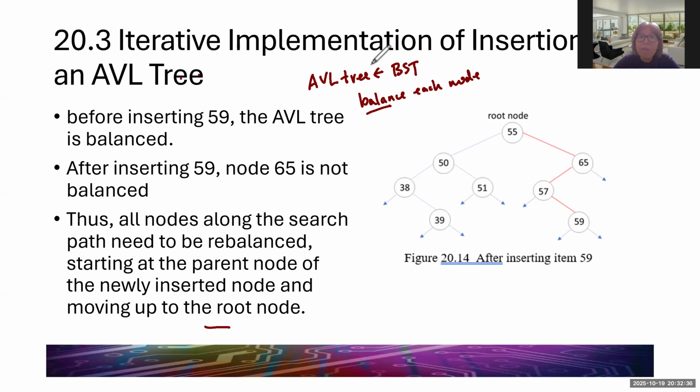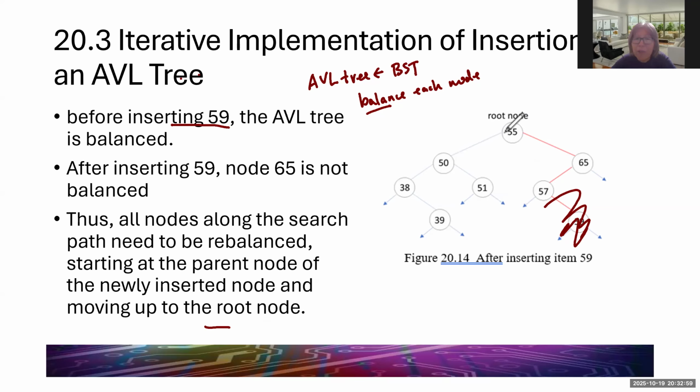So when we have an AVL tree and we add some new node, do insertion, etc., as discussed over here, before we add this, the tree is a balanced AVL tree.